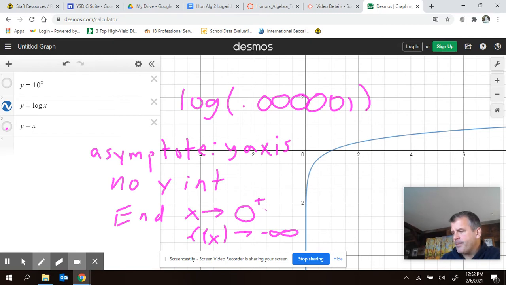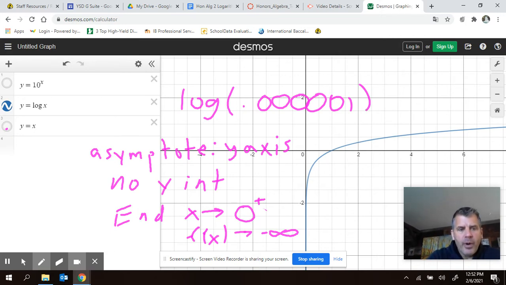We type that in there. We go log of 0.000001. We get -6. Did I put that 1, 2, 3, 4, 5, 6? Yeah. That would equal -6. So it's going down. It's way down here. The closer I get to 0, the further down the axis it's going to go.